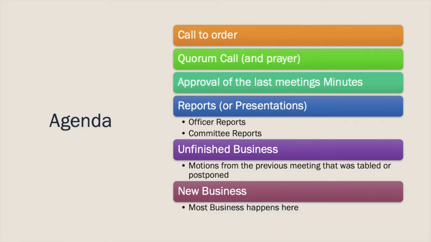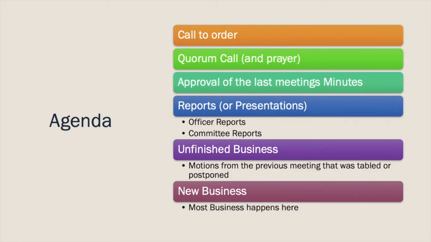The next important item of business is approval of the last meeting's minutes. Minutes, for those of you who are unfamiliar, are a record of what happens at a meeting. These are really important. I think these get underplayed in terms of their importance. Minutes are the official record of what happens at a meeting.